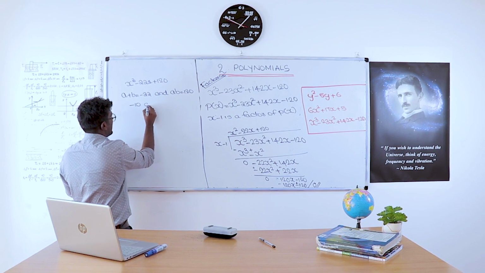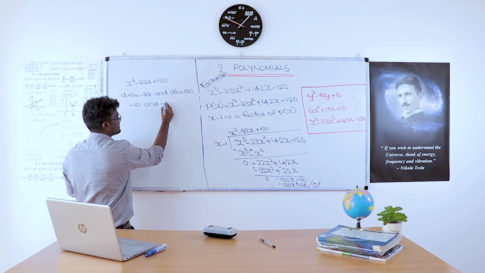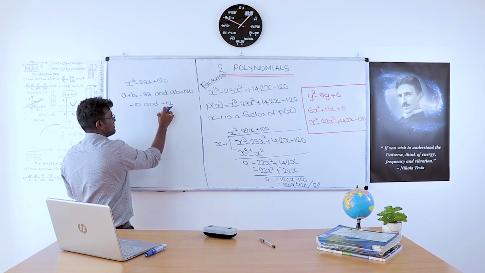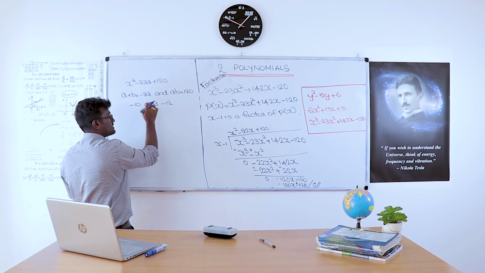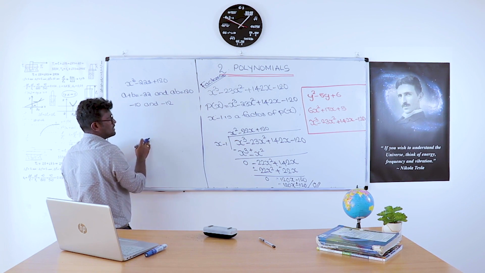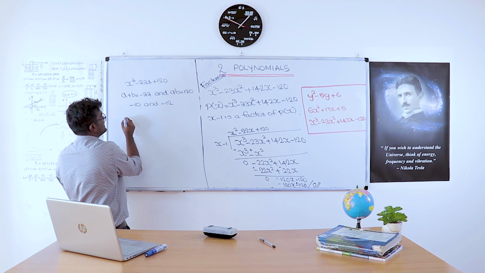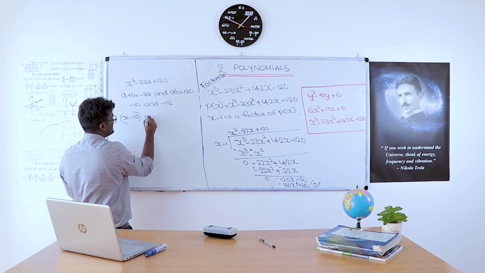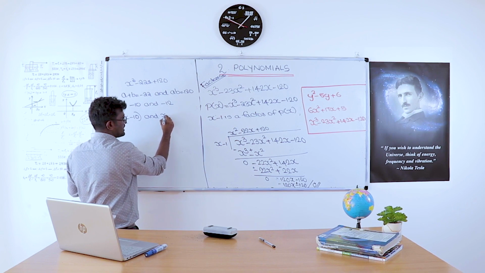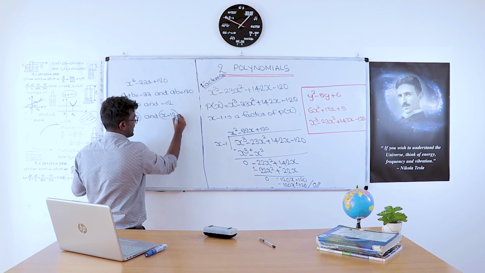minus 10 and minus 12, right? Minus 10 plus minus 12 is minus 22. Minus 10 into minus 12 is plus 120, right? So what are the factors? x minus 10 and x minus 12 are the factors.